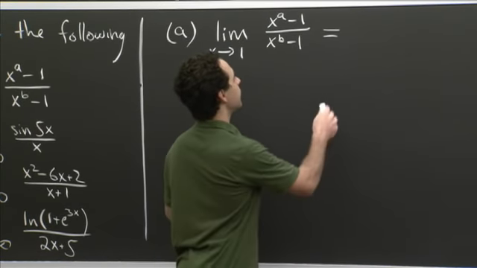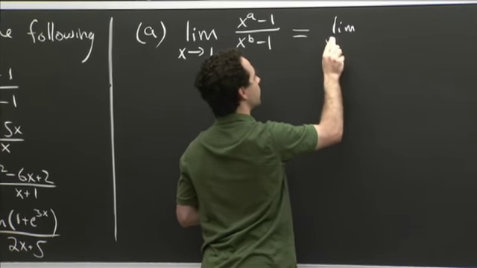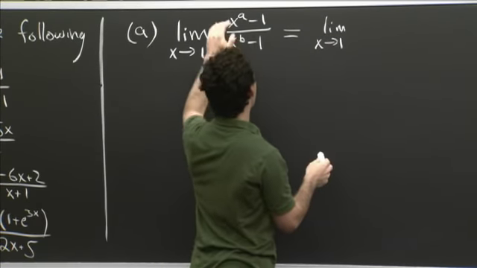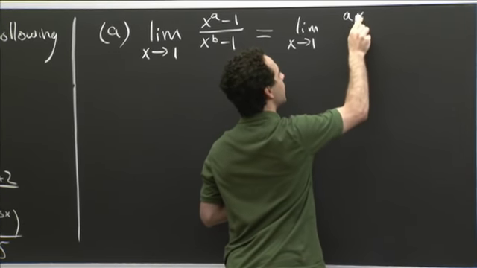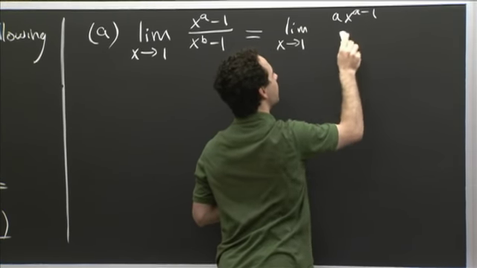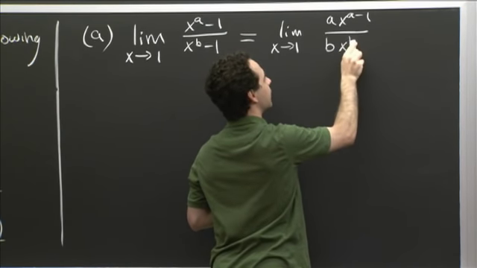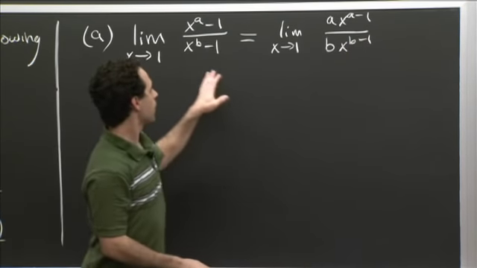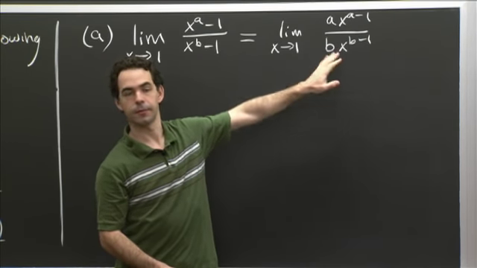So this is the same limit as x goes to 1 of, the derivative of the top is a x to the a minus 1, and the derivative of the bottom is b x to the b minus 1. L'Hopital's rule says that these two limits are equal provided that the second limit exists.